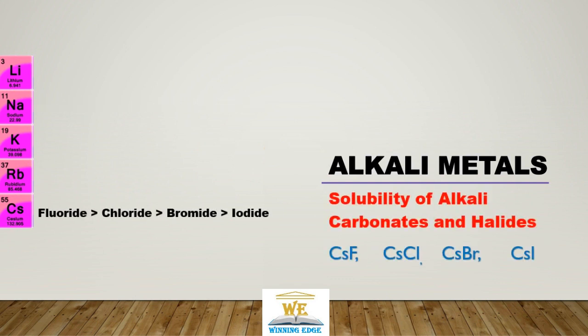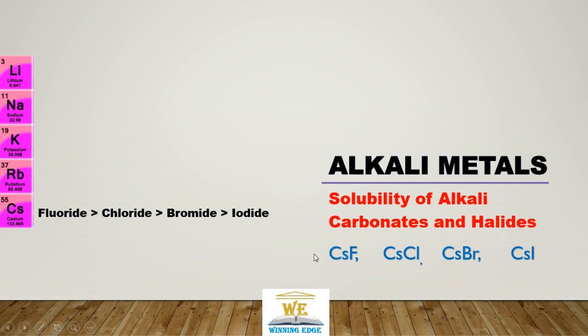But in the case of cesium, the size of the cation is considerably large, and fluoride is considerably smaller in size, while in cesium iodide both cation and anion are of approximately similar size. That's why cesium iodide is better stabilized compared to cesium fluoride.